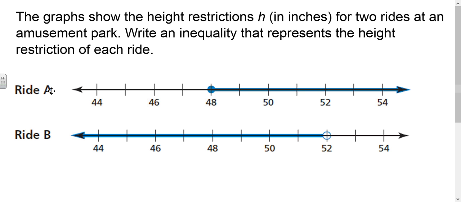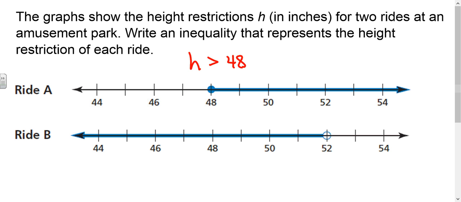And so it says h in inches is the height that you can be to ride this ride. So if we look at ride A, if we look at the graph, it starts at 48 and it goes to the right. And the right shows all the numbers that are greater than 48. So I know that h is greater than 48.